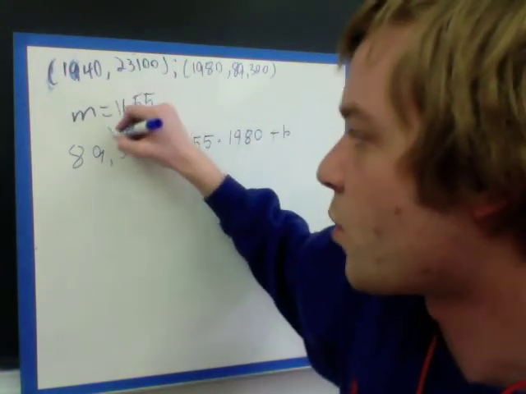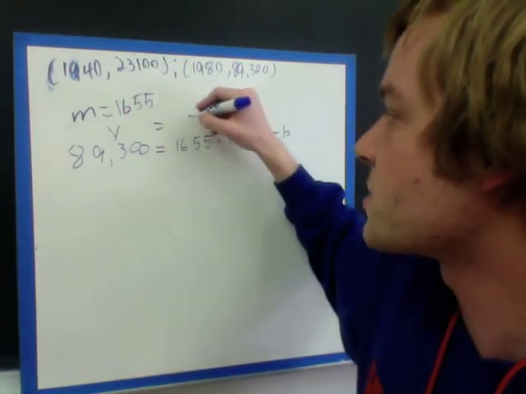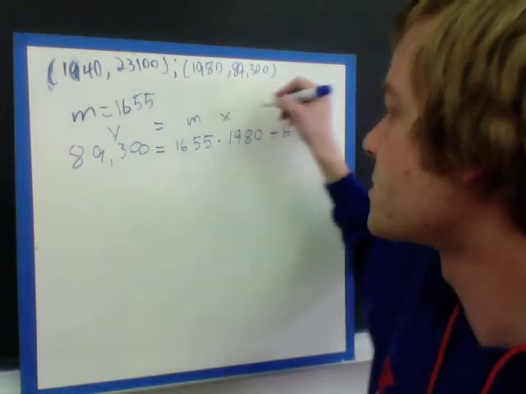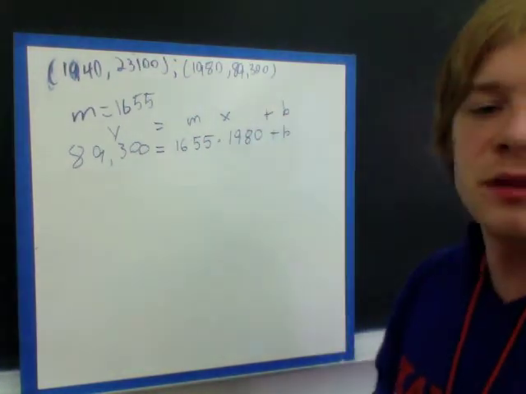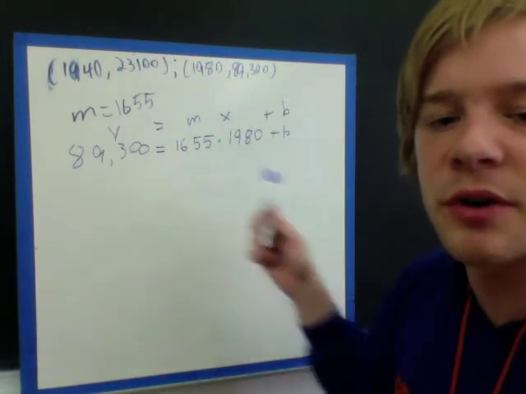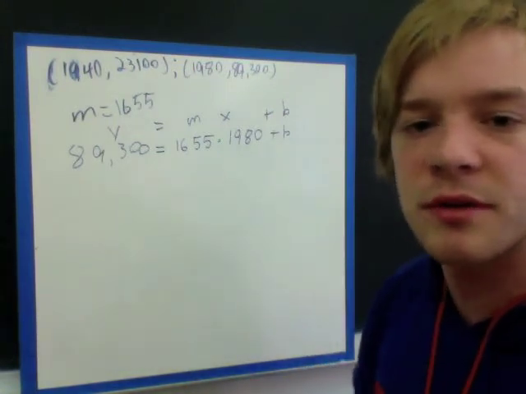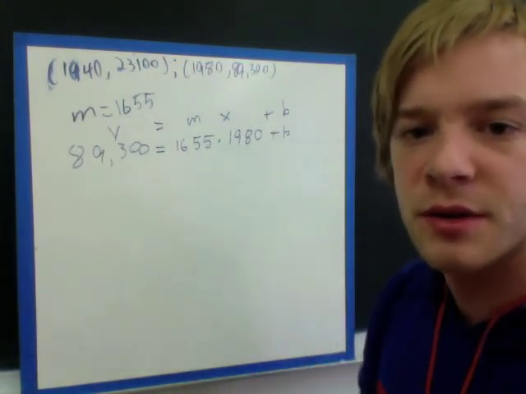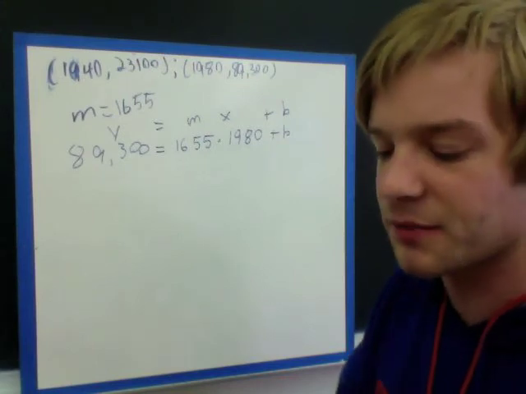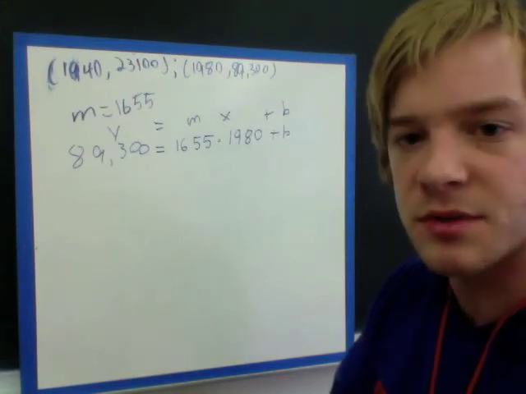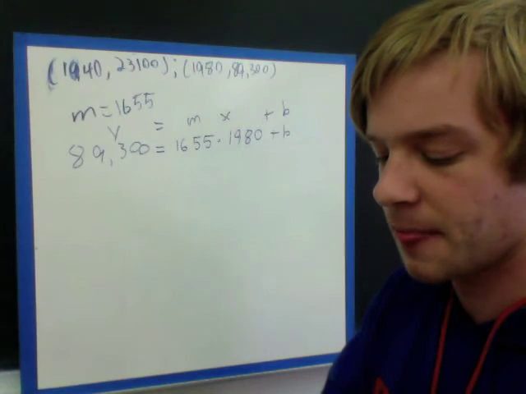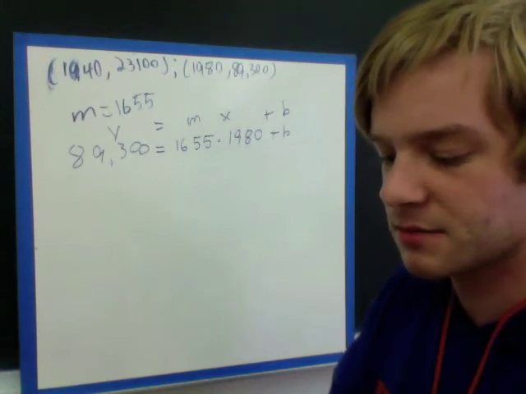So this is y equals mx plus b. What we've got here, we plugged in our numbers. Now we're just going to go through and solve for b. Once again, a calculator would be very helpful with this. So 1655 times 1980.